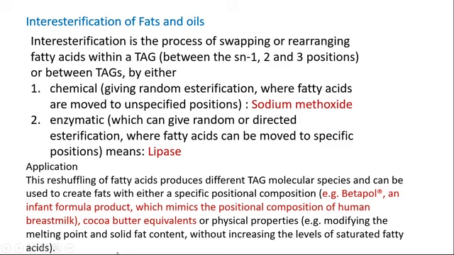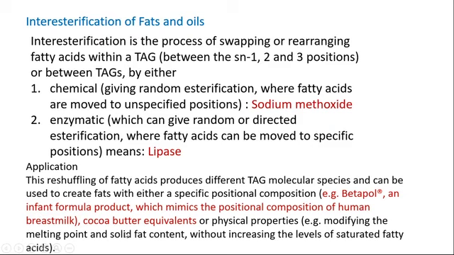And one of the products that has been created is a product called beta pol, which is used in infant formula products, and it mimics the positional composition of human breast milk fat. So by interesterification, they have been able to produce a fat which resembles breast milk fat, and now this fat can be added to infant formula products.